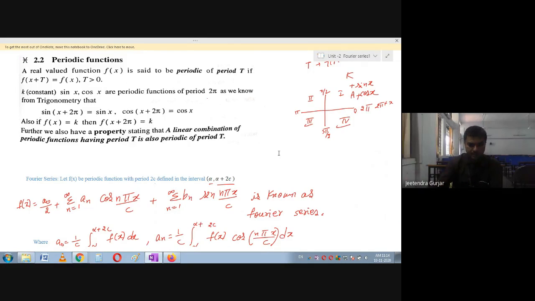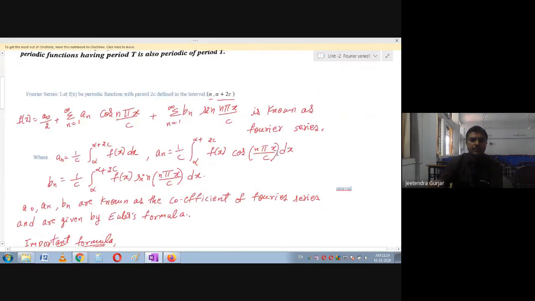Please remember this. And after that, we see the Fourier series. Let f of x be a periodic function with period 2c defined in the interval alpha to alpha plus 2c. So this is a very important definition.